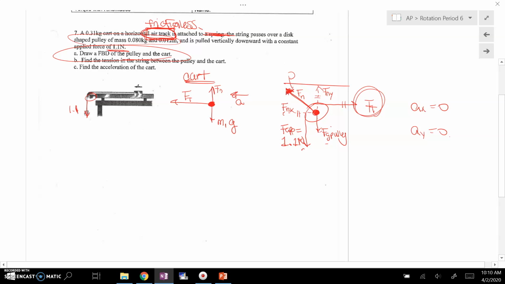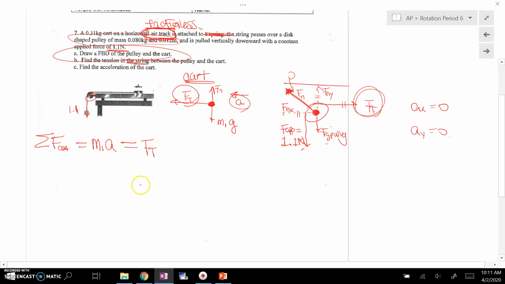Okay, find the tension in the string between the pulley and the cart. So I'm looking for this tension, and then I'm looking for the acceleration. So let's write some Newton's second law equations. So this is the net force of the cart, and that equals M1 times A. And the forces that are pulling it is just the Ft.